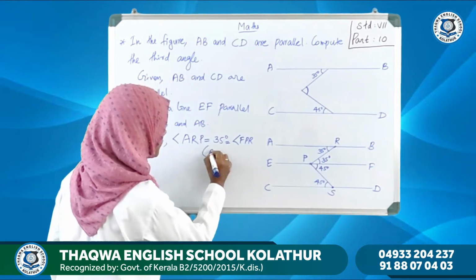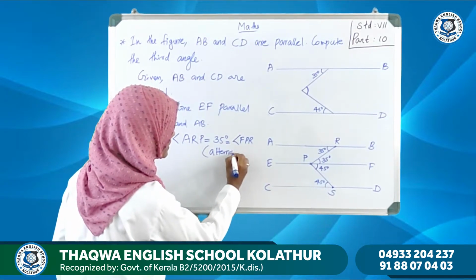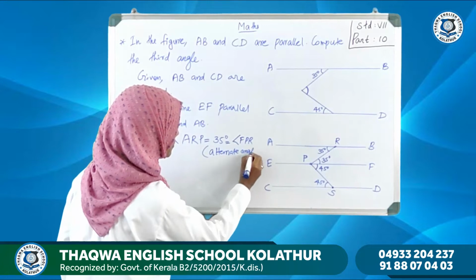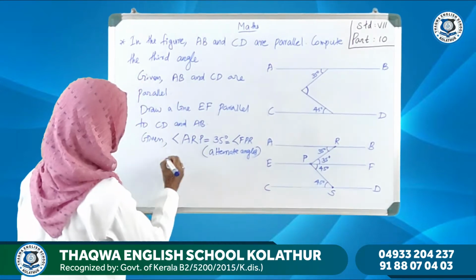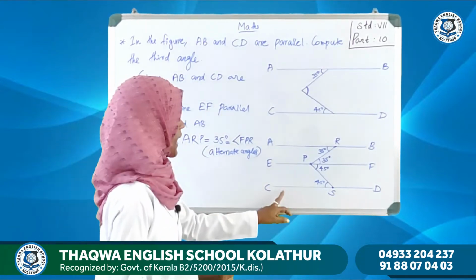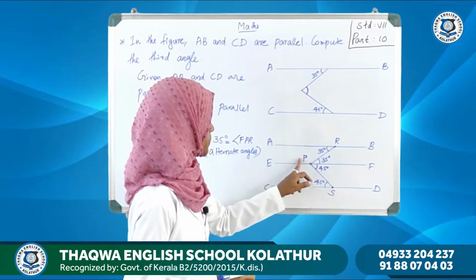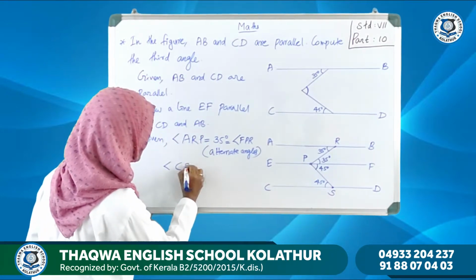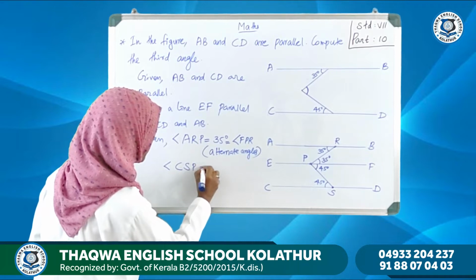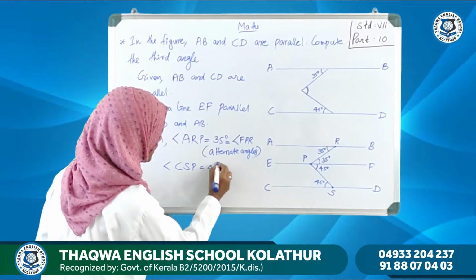What is the reason? Alternate angles. The next one, angle CSP equals 45 degree.